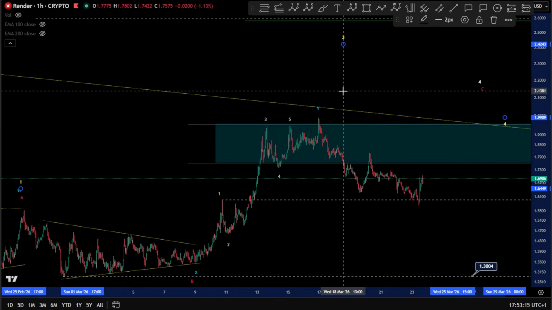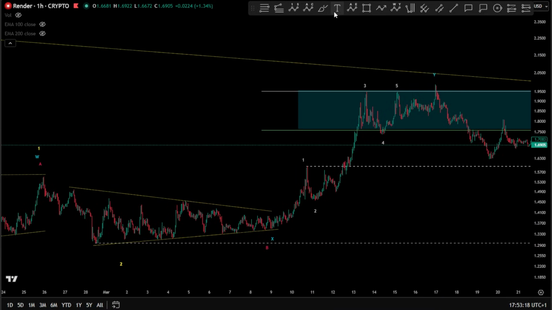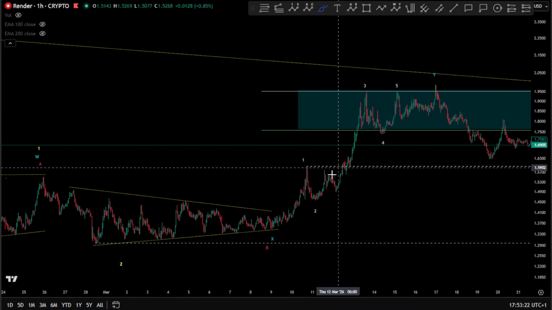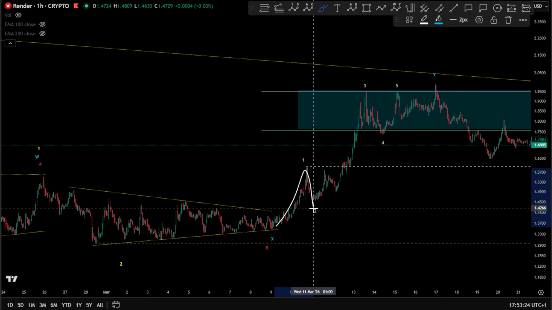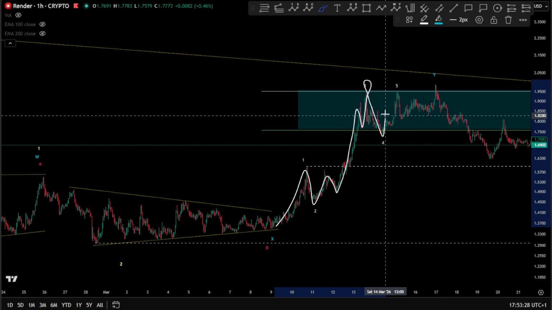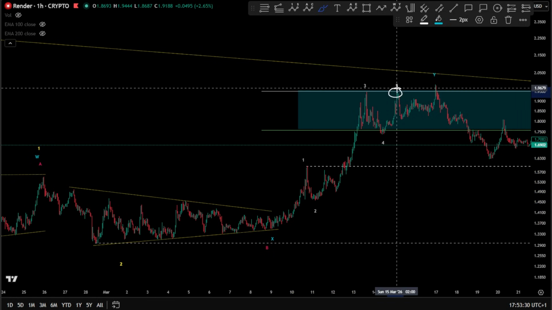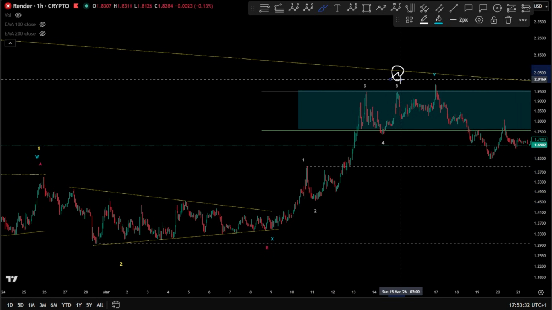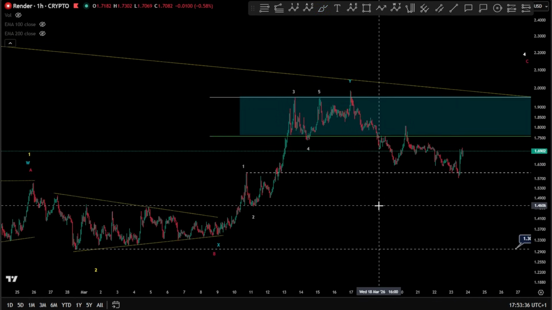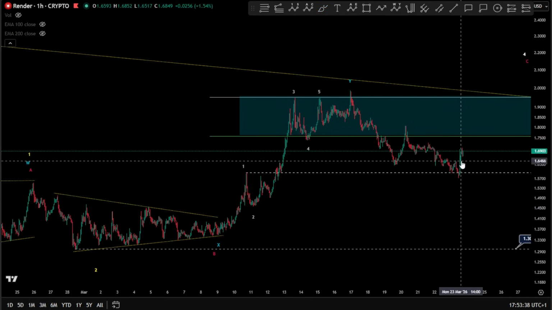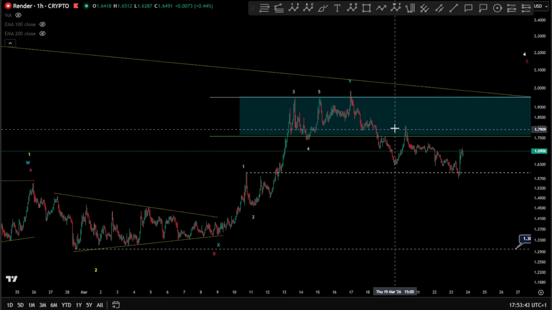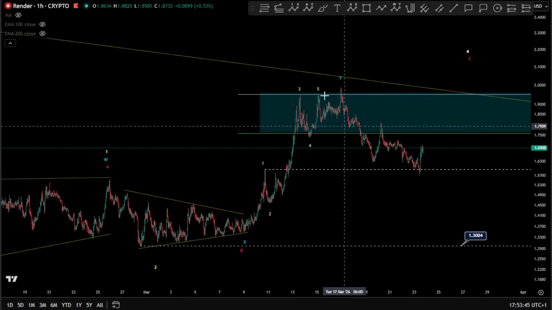I know that it is 3 waves toward the upside that we can see, but what we very likely have here is a 1, 2, 1, 2, 3, 4, and a 5. 4 waves, 3, 4, and a 5 finished over there, the impulse as a wave 1, and then A, B, and a C potentially finished, or W, X, and a Y, because we finished in 3 waves here. It might be very, very corrective, guys.